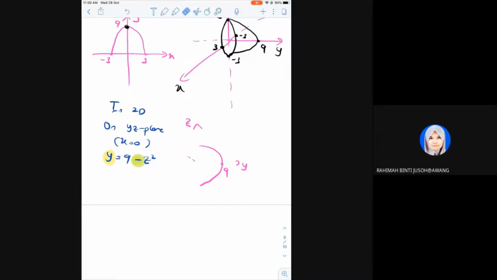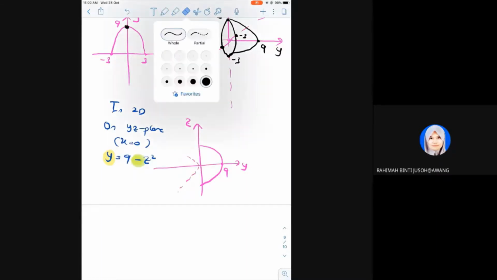Ni, undo. Ni saya padam balik. So, dia jadi macam ni. Sebab dia position exist tu guys. Position paksi tu. So, dekat Z sini dia jadi 3. Kat bawah ni jadi negative 3. Macam tu. Understand?